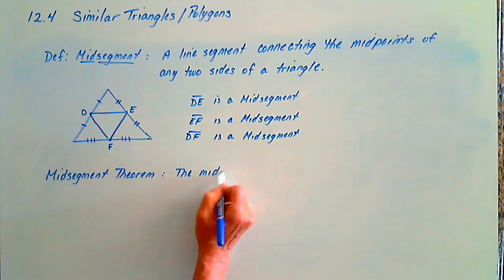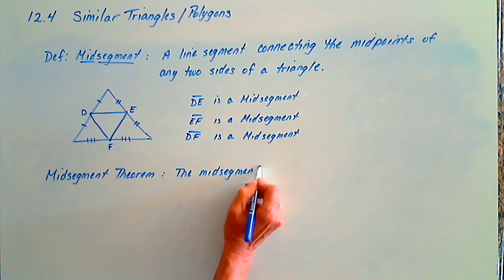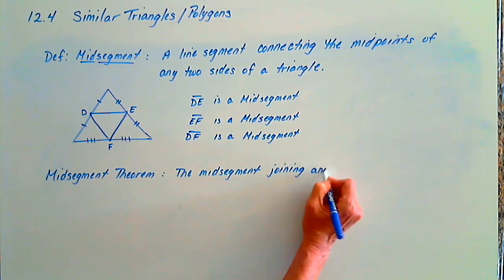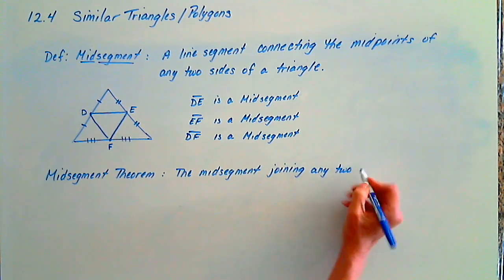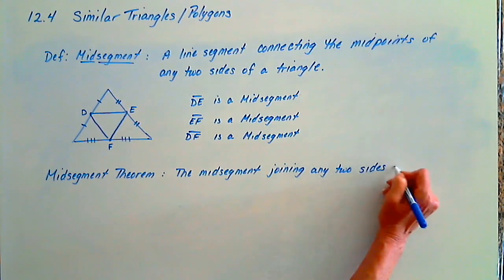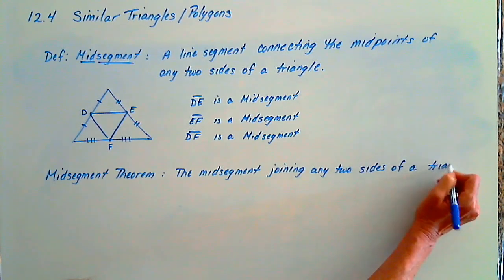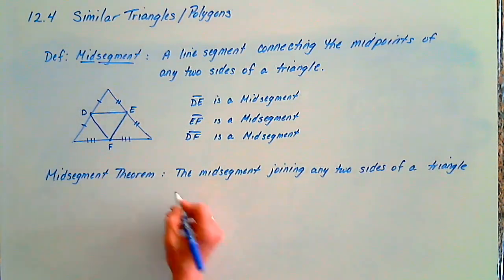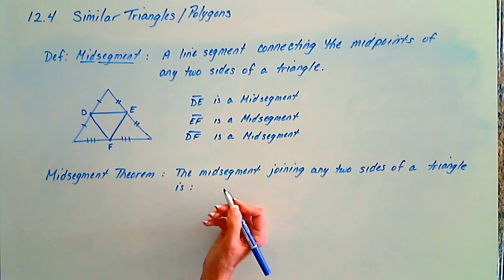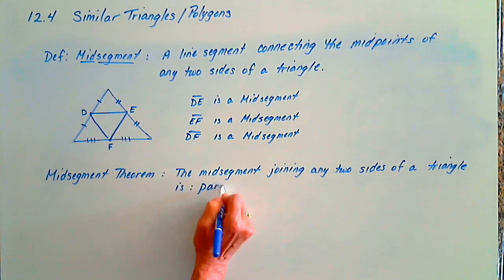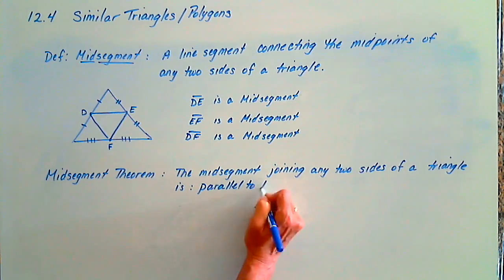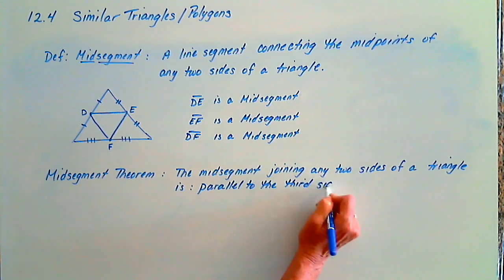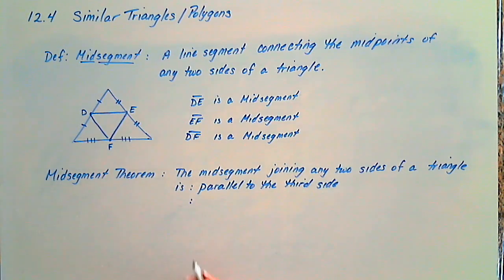The midsegment joining any two sides of a triangle has two things going for it, okay? It is parallel to the third side and is half as long as the third side.